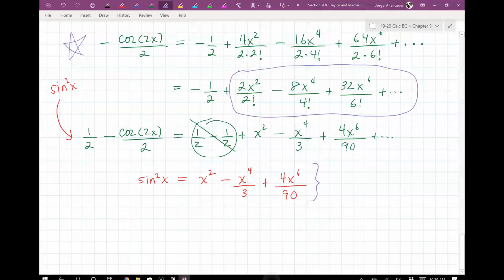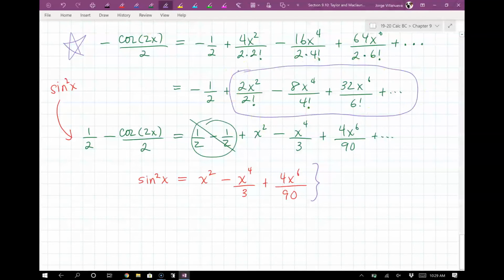Because at least there you can say, okay, 2, 4, 6, my factorials are even, so it's 2n factorial. And then the top, you try to figure out, okay, 2 becomes 8, becomes 32. How can I get that? I notice my powers are even, so x to the 2n. So all you have to figure out is your 2, your 8, and your 32. How do you get that?